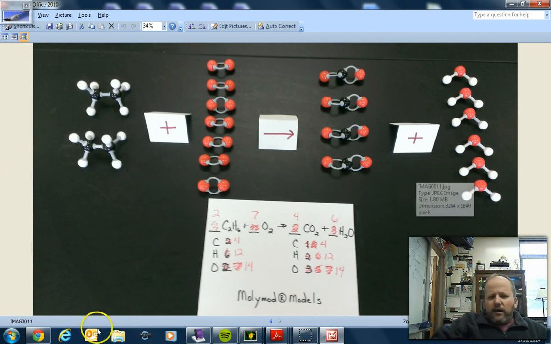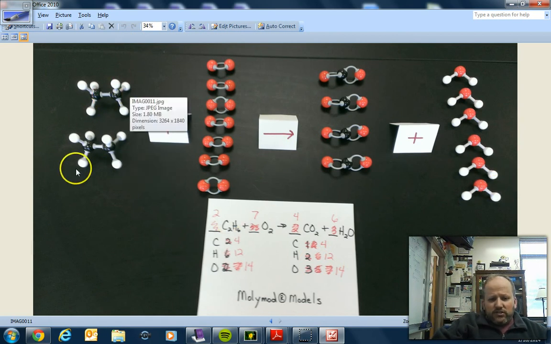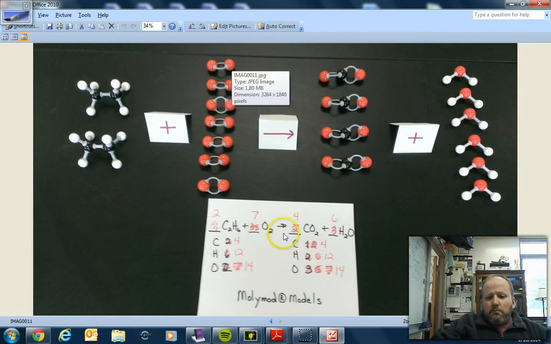Look at this entire equation as an equation and as models. 2 C2H6s plus 7 O2s make 4 CO2s and 6 H2Os. But now count.